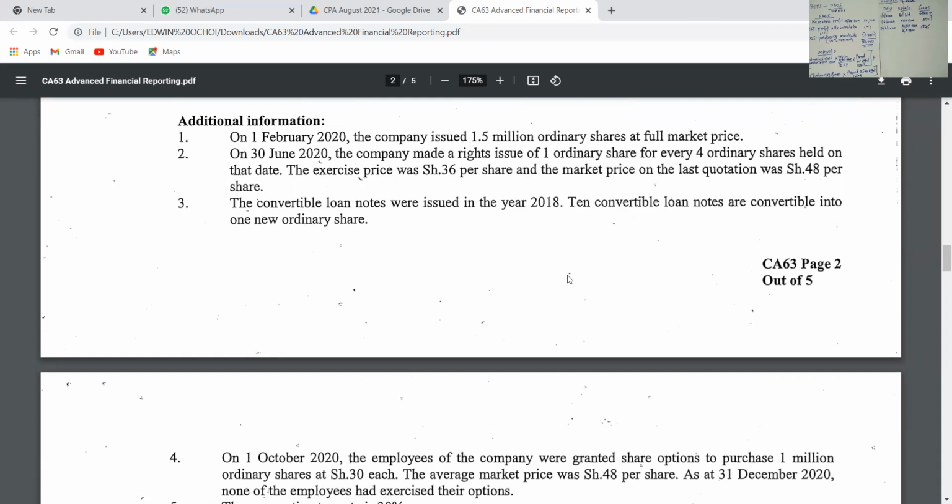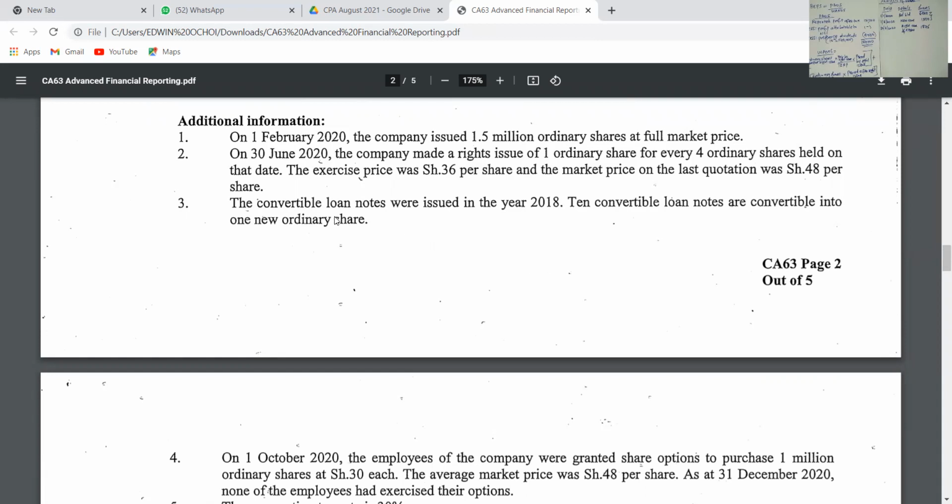That is why I say they are likely or unlikely to be converted to ordinary shares.